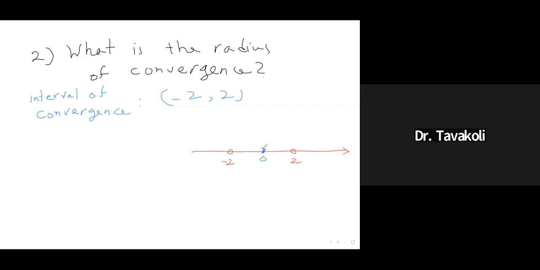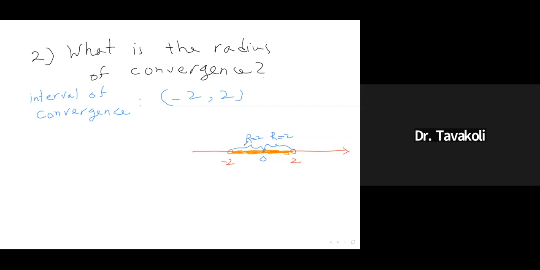And the radius of this interval is equal to 2. Because the distance from the center of that interval to the end points of this interval is 2. So the interval itself was this interval between -2 and +2. The center of this interval was 0, and the radius, meaning the distance from the center of the interval to the endpoints of this interval, is 2.